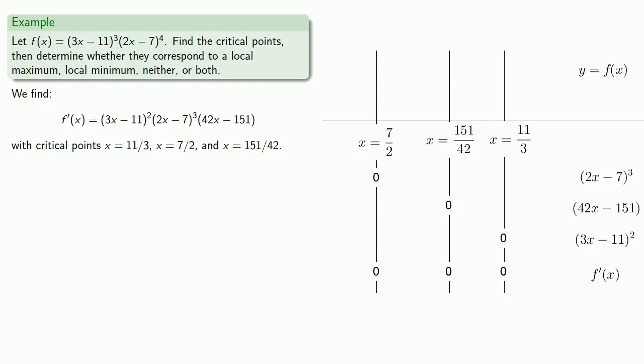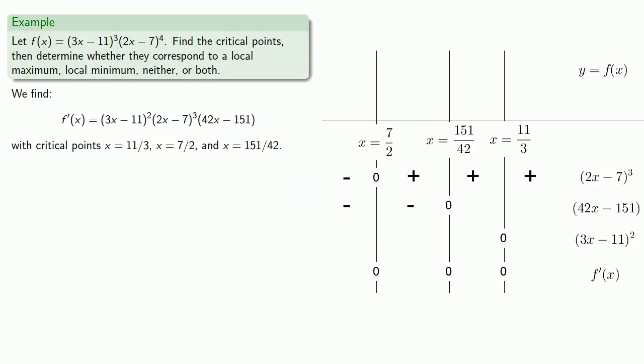If x is to the left of 7/2, which is to say if x is less than 7/2, then this factor (2x minus 7) to the third will be negative. And if x is greater than 7/2, then (2x minus 7) to the third will be positive. Similarly, if x is less than 151/42, then this factor, 42x minus 151, will be negative.